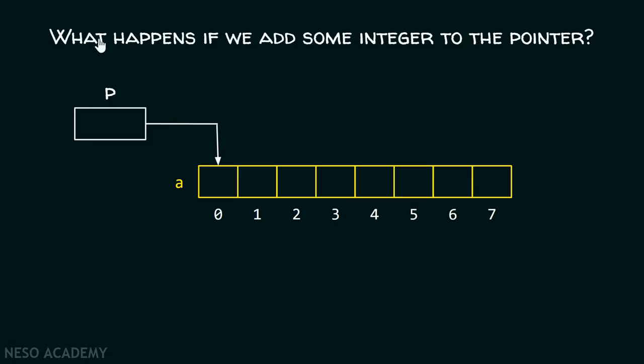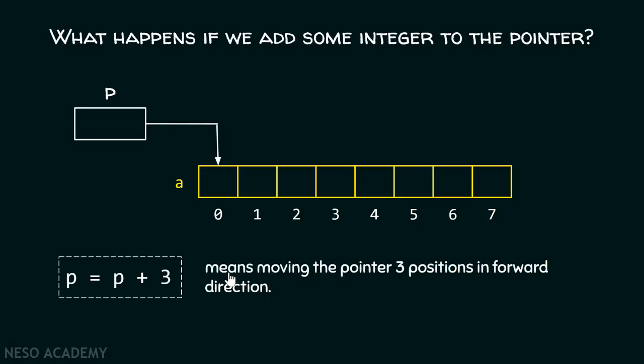Now, what happens if we add some integer to the pointer? Let's say we want to add 3 to the pointer P. P initially contains the address of the first element of the array. If we add 3 to it, what does it really mean? It means that we simply move the pointer 3 positions in the forward direction.